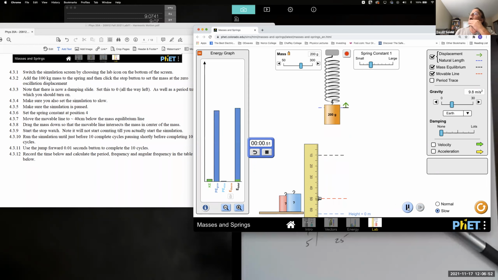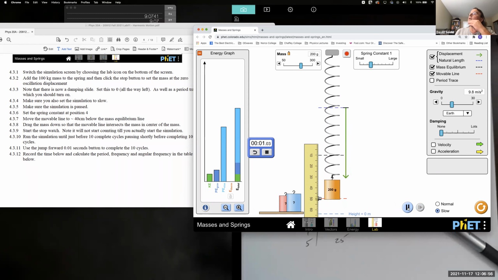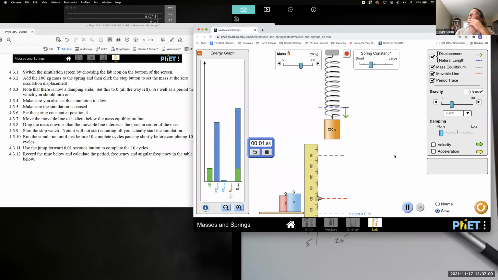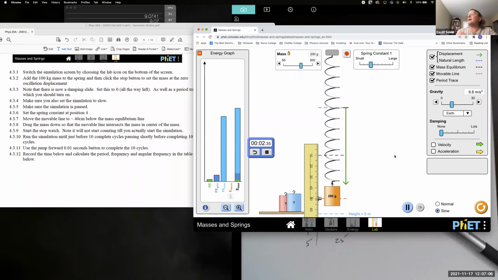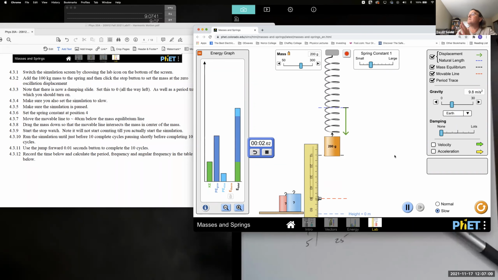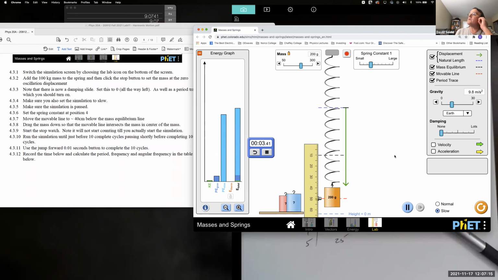We go up 1. So here's 1 full cycle. And we can do a period trace. Here's 2 full cycles. There's 3.